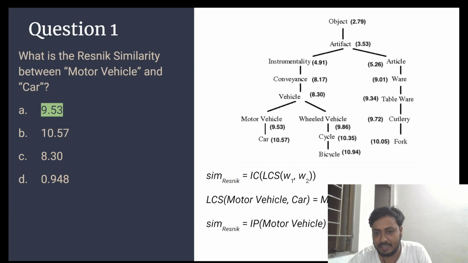Obviously, in this case the LCS will be motor vehicle, because car is a child of motor vehicle. So the Resnik similarity is just the information content of the LCS. Sorry, this should actually be IC. So the IC of motor vehicle, which is 9.53. All right.